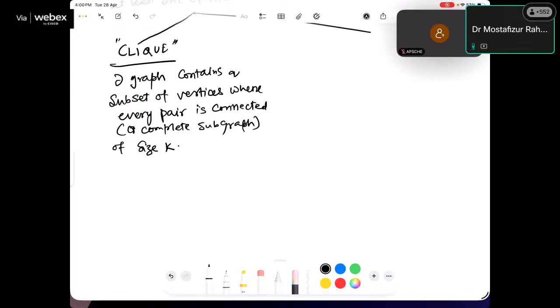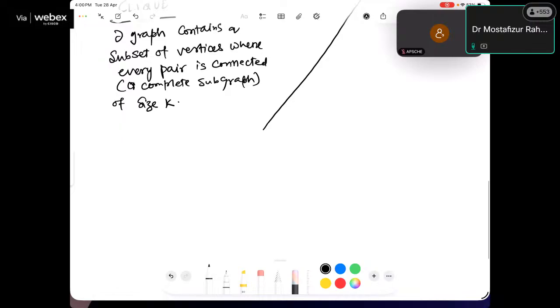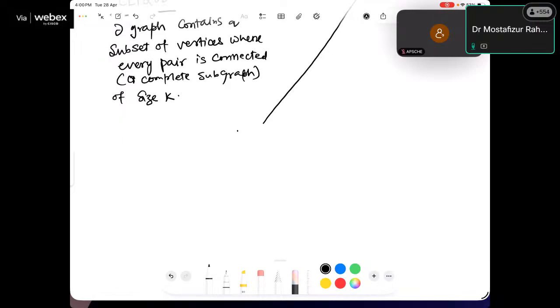This set of problems comes under the category called clique. And there is one more category called the vertex cover set of algorithms.